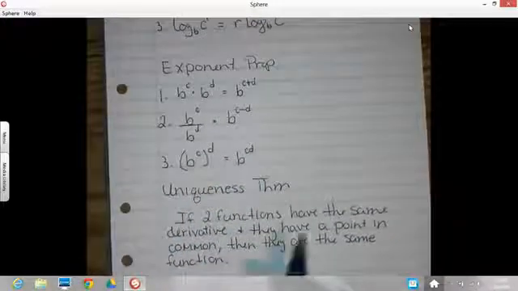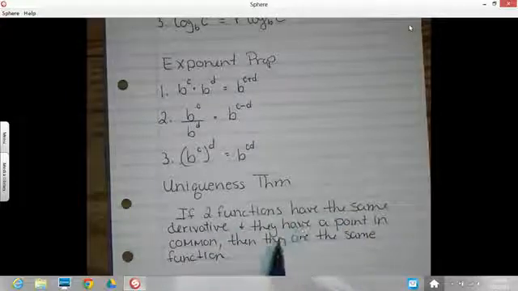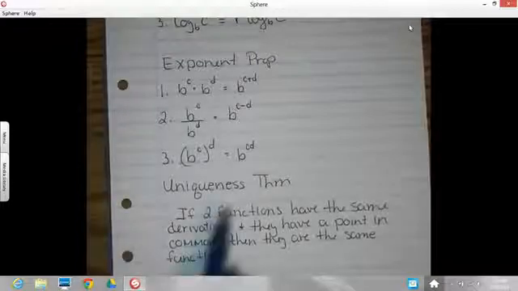So, 2 things you have to do. Show that they have the same derivative and show that they have a point in common. Then you can say they are the same function. So, by uniqueness theorem, we're going to prove these 3 properties for the natural log function.